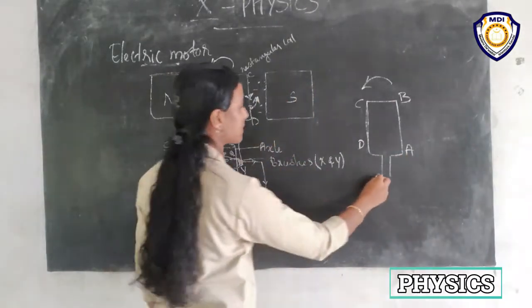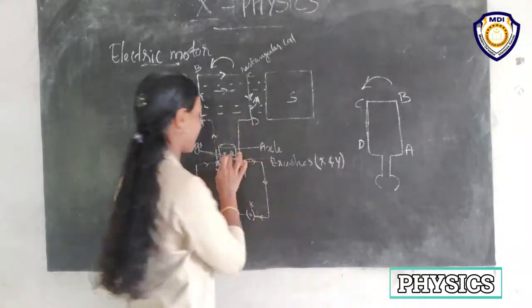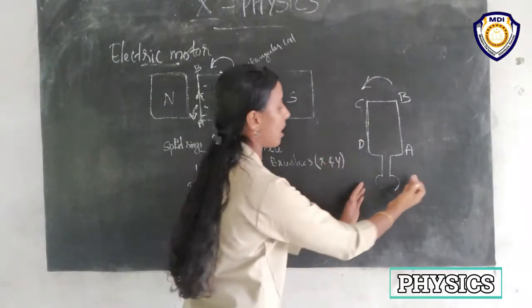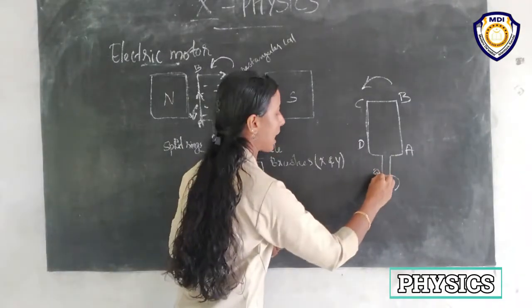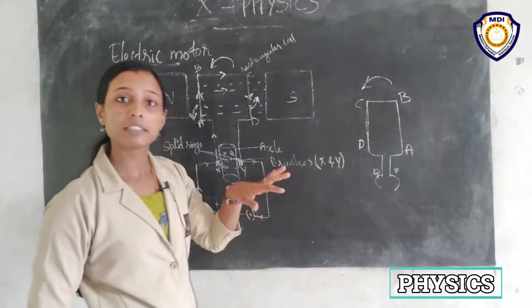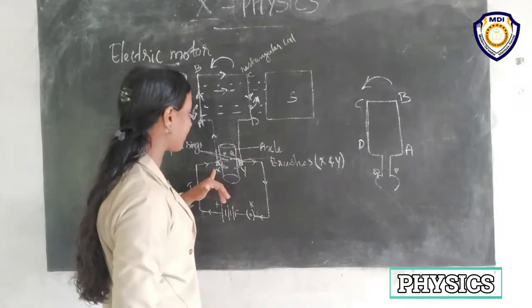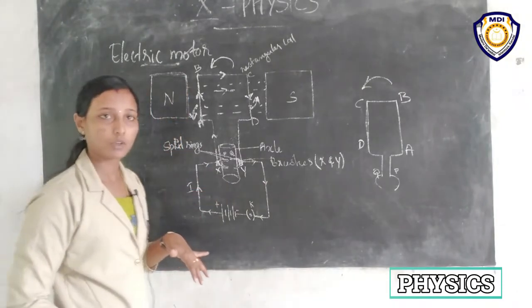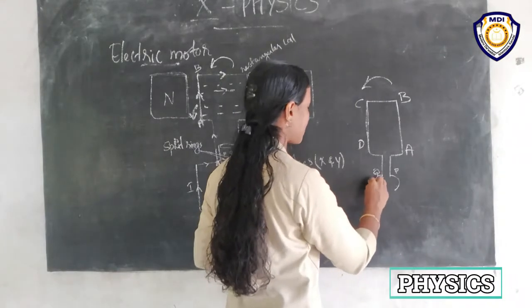Here we have the split rings P and Q, right? After half rotation, this Q will be here and this P will be here. But the graphite brushes are fixed there, so there should be no change in the graphite brushes.